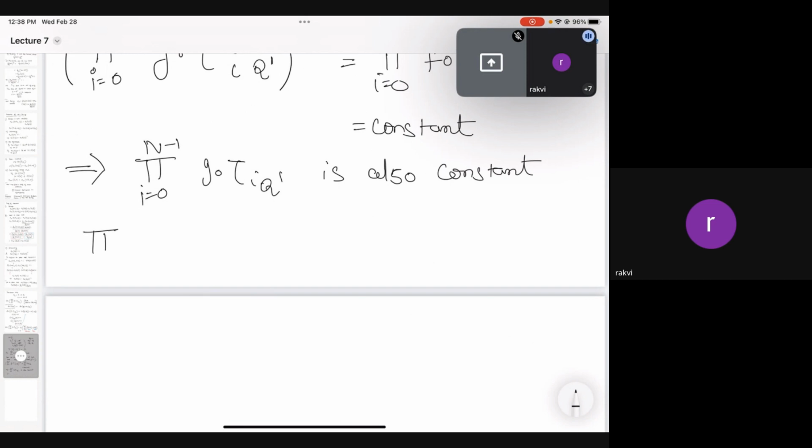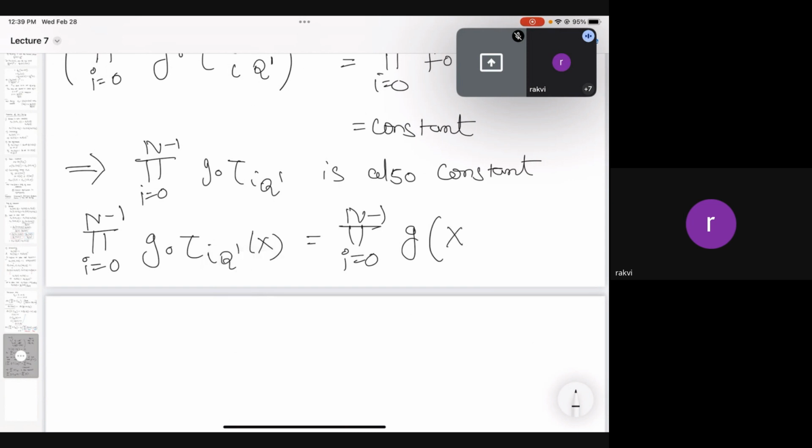So this product, i from 0 to n minus 1, of g of tau i q bar applied to x, is simply, by how the composition works, the product of g of x plus i q bar. So this is it. And we just showed it's constant with respect to x, right? So I can choose a different value of x.